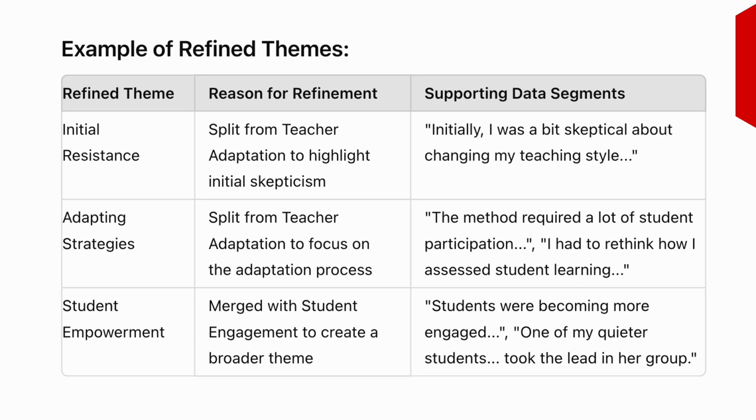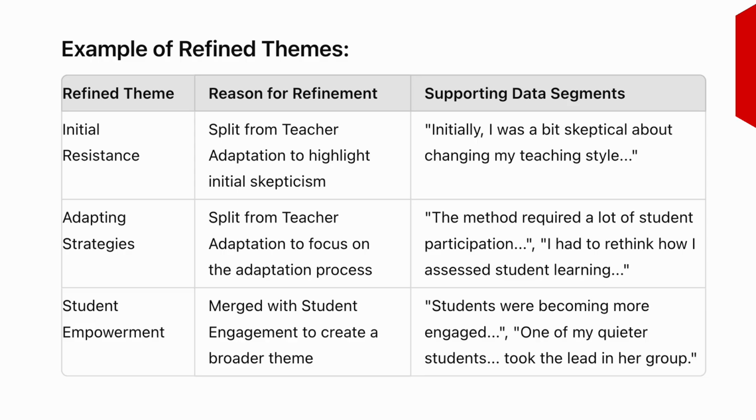The second refined theme is adapting strategies. This was also split from teacher adaptation to focus more on the process of adapting to the new teaching method. Supporting data here includes, "The method required a lot of student participation, and I had to rethink how I assess student learning."